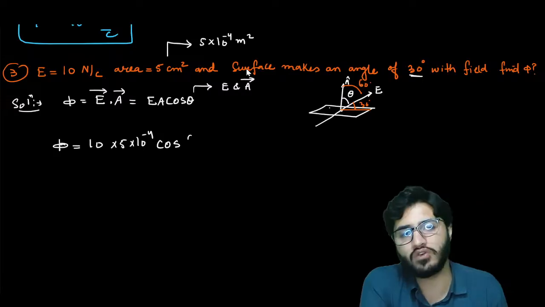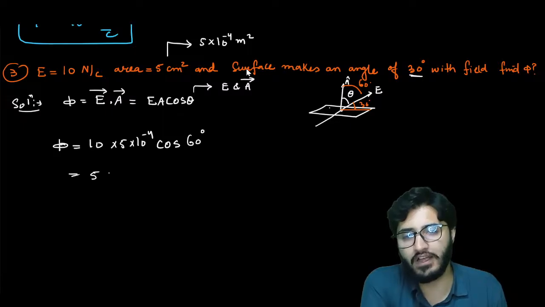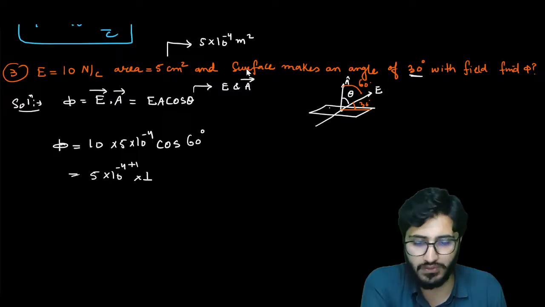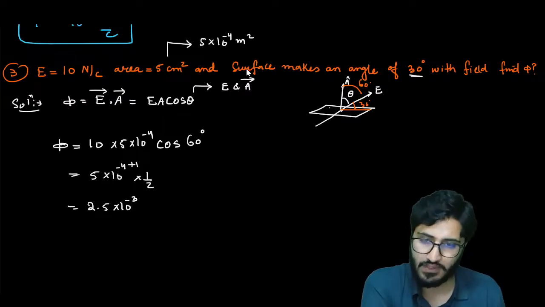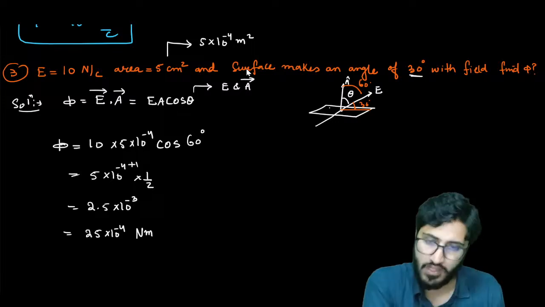So I need to write cos 60 degree. I can write 5 into 10 to the power minus 4 into 10, and cos 60 is 1 by 2. It is 2.5 into 10 to the power minus 3, or I can write 25 into 10 to the power minus 4 newton meter square per coulomb.